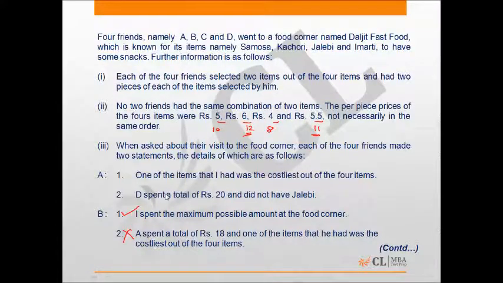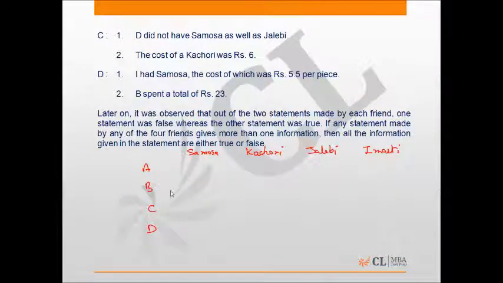So B spent 23 rupees, that I know, and he must have bought items worth 6 and 5.5 rupees. Now, the second statement of D says B spent a total of 23 rupees, which is true. That means this statement has to be true, so the other has to be false.